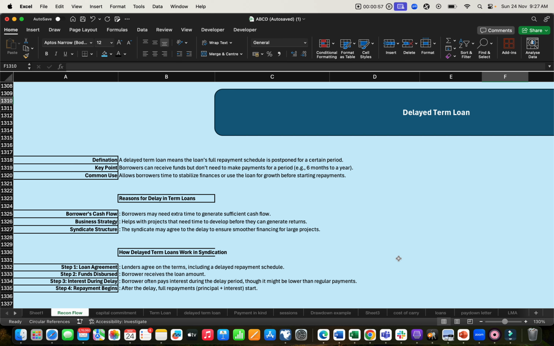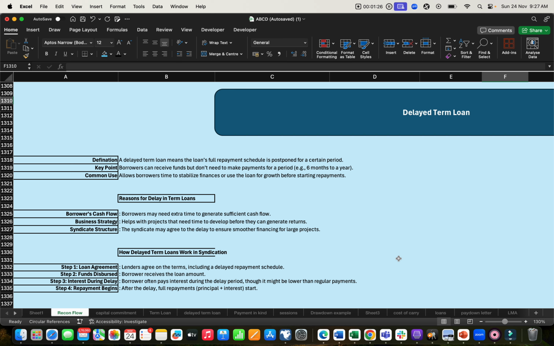So here sometimes they get an exemption, maybe 6 months or 1 year according to the loan agreement, that the borrower does not need to pay the repayment of a loan, like interest or principal amount, for a certain period, and he should work on the area where his business can grow. So it comes under the category of delay term loan.